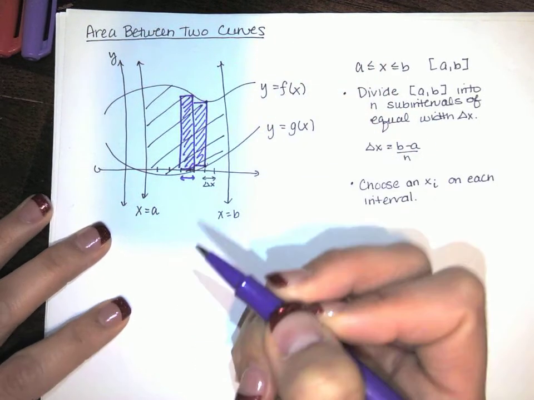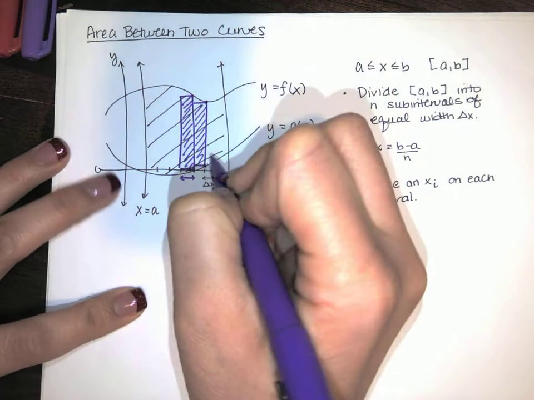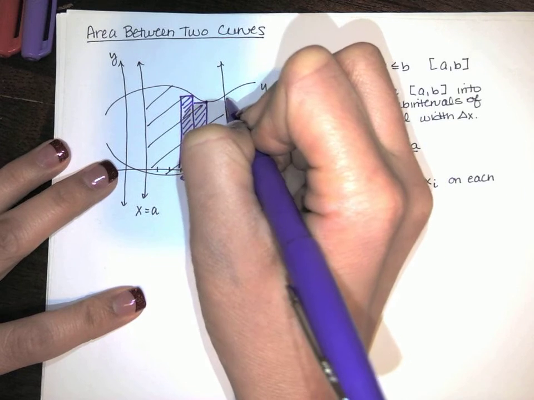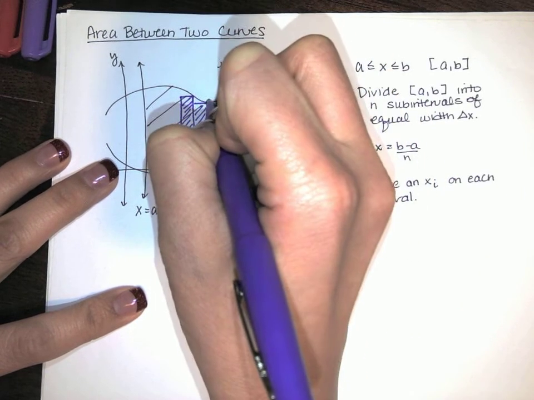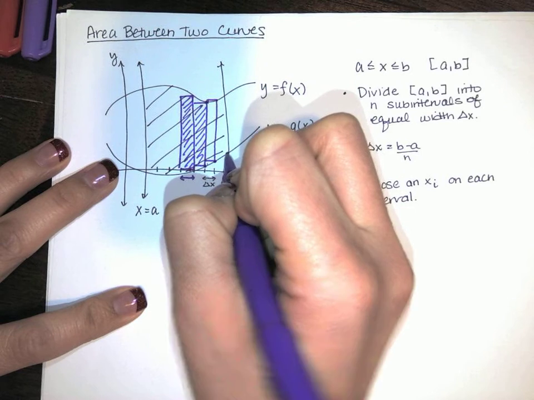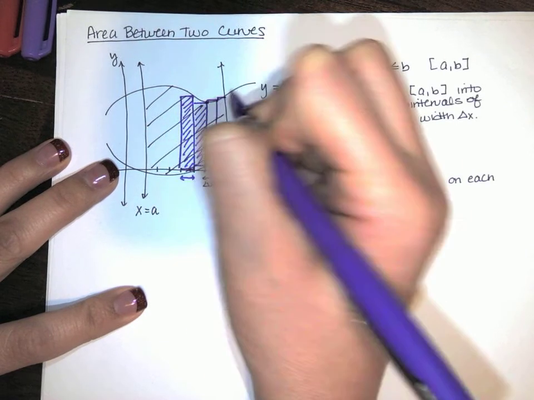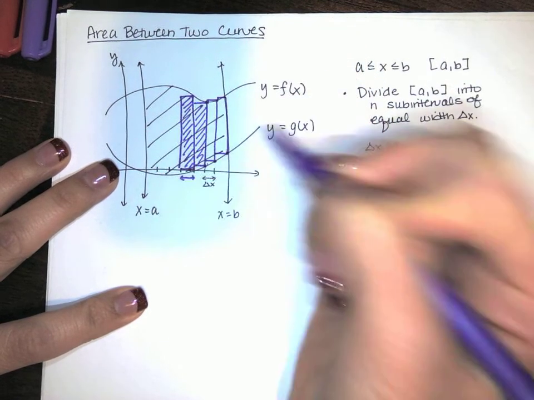It's that y value minus that y value. We're going to get something that looks like this. Yeah, this is not the perfect picture, sorry guys.